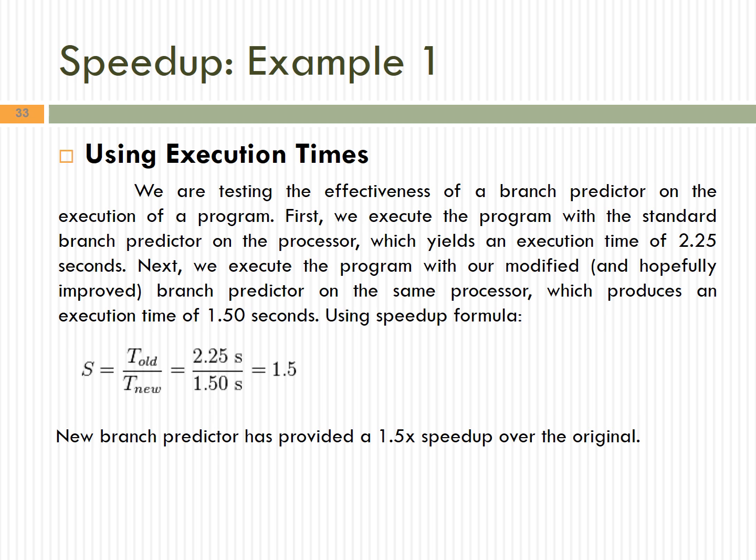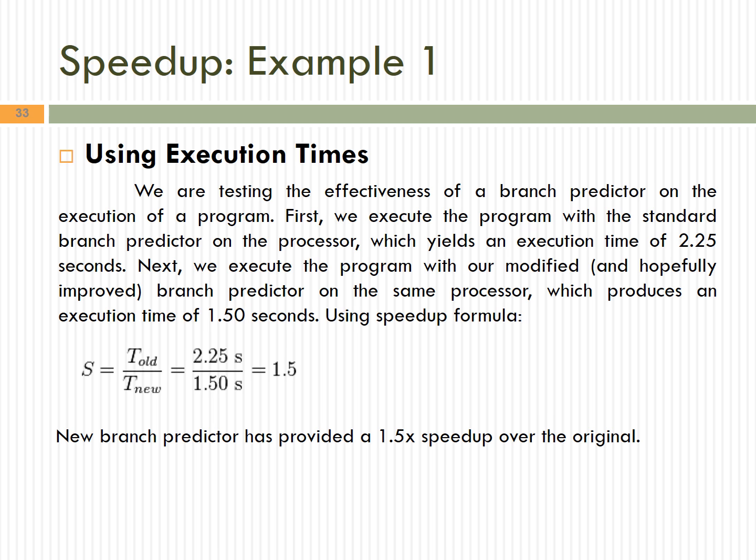We are testing the effectiveness of a branch predictor on the execution of the program. First, we execute the program with the standard branch predictor on the processor, which yields an execution time of 2.25 seconds. Next, we execute the program with our modified and hopefully improved branch predictor on the same processor, which produces an execution time of 1.5 seconds.